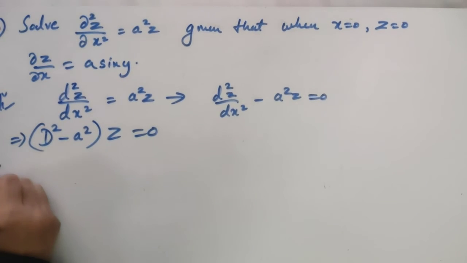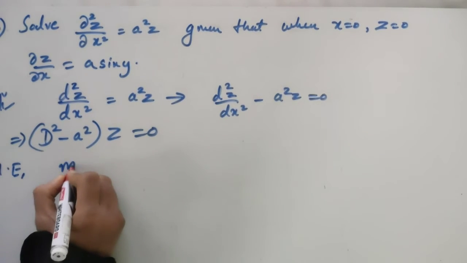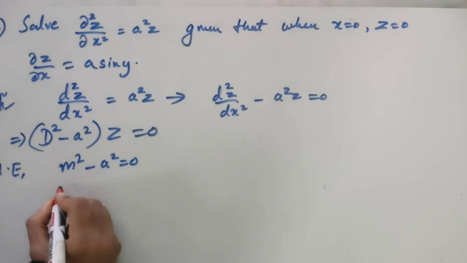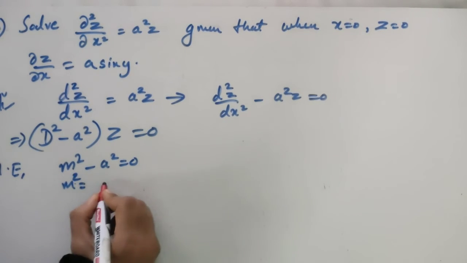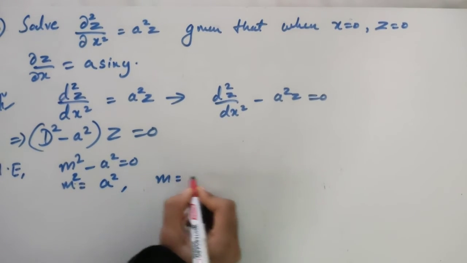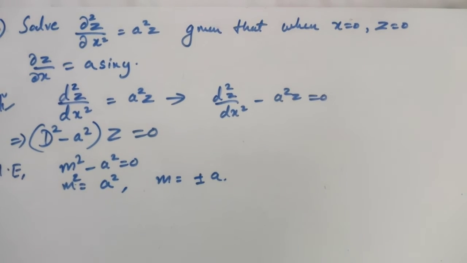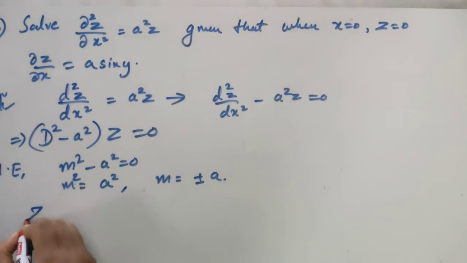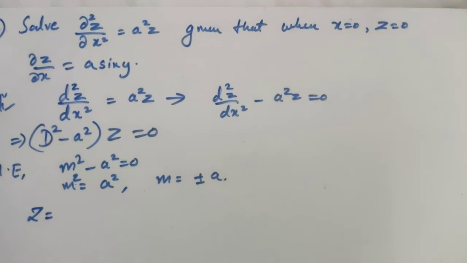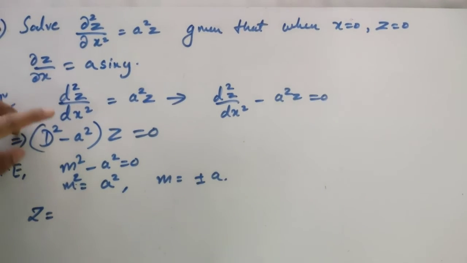So you know how to solve it. The auxiliary equation is m square minus a square is equal to 0. M square is equal to a square, or m is plus or minus a. So the solution z, now make a note once again, you are having d square z by dx square.